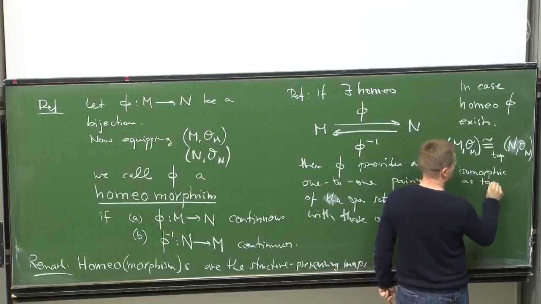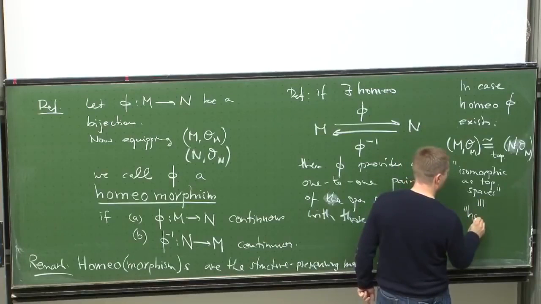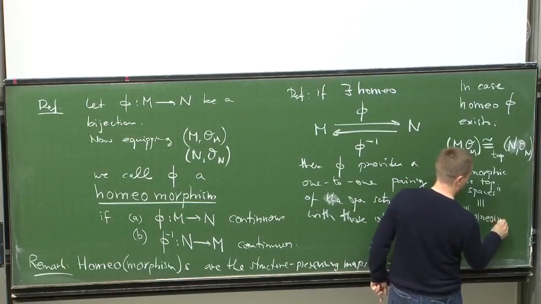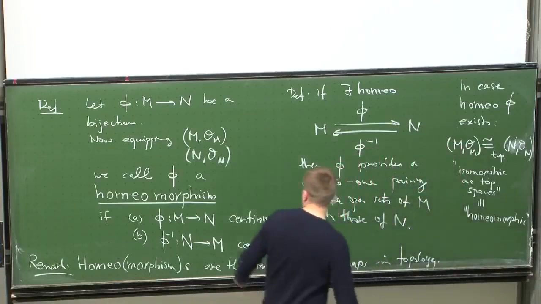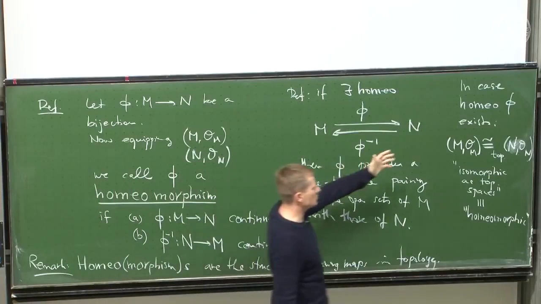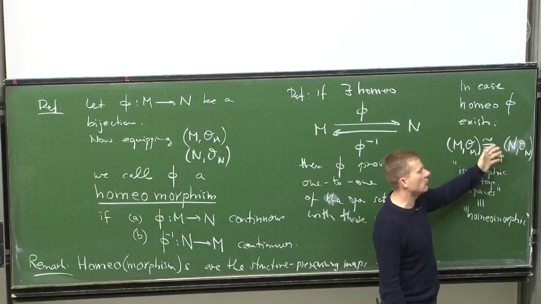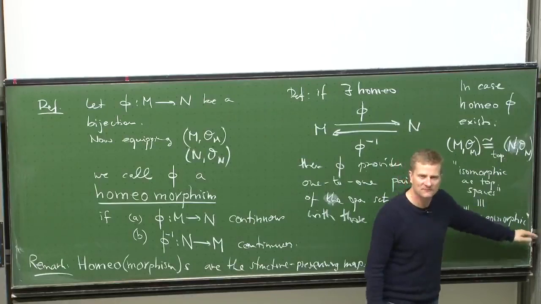And that's very long, so people also say homeomorphic. So a map can be a homeomorphism, but two topological spaces between which such a homeomorphism map exists are called homeomorphic.